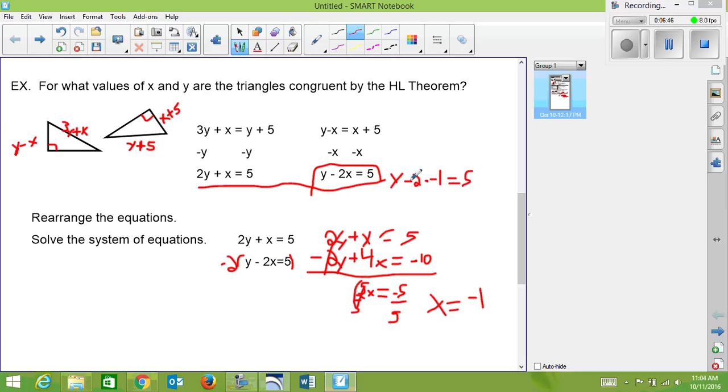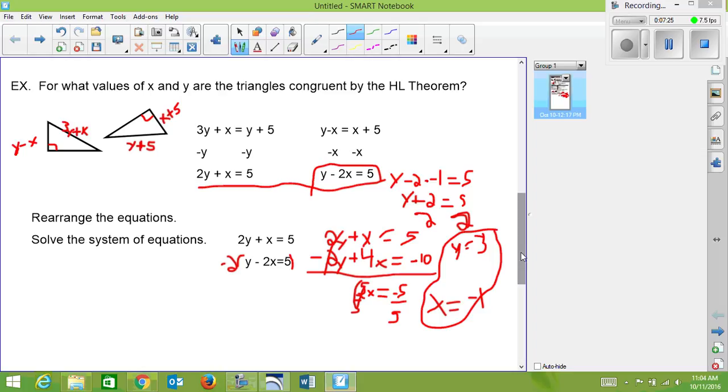A negative 2 times a negative 1 is a positive 2, so it would be y plus 2 equals 5. Then I subtract 2 from both sides, so y equals 3. My pen is not working very well here, but your x equals negative 1 and your y equals 3 for that answer.